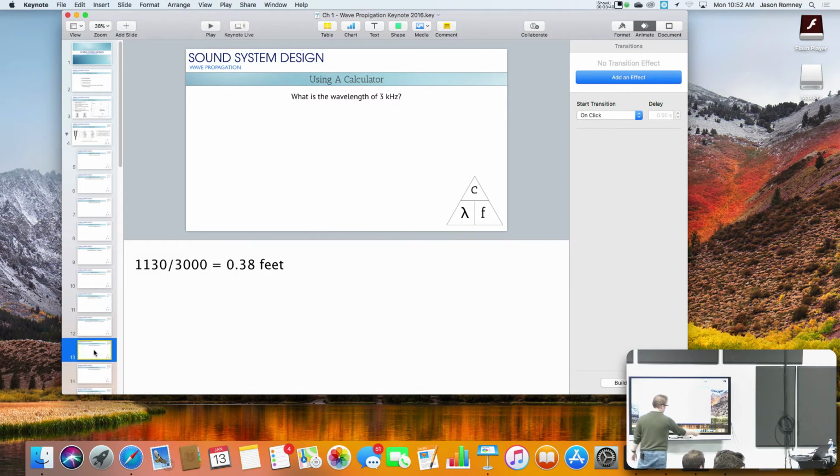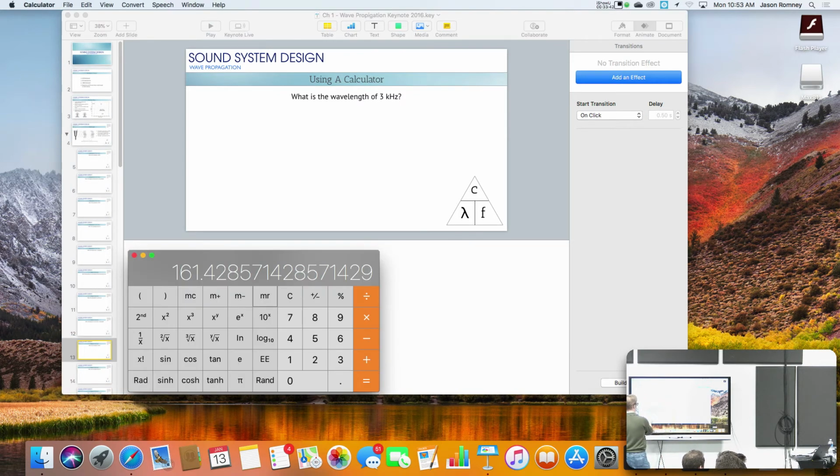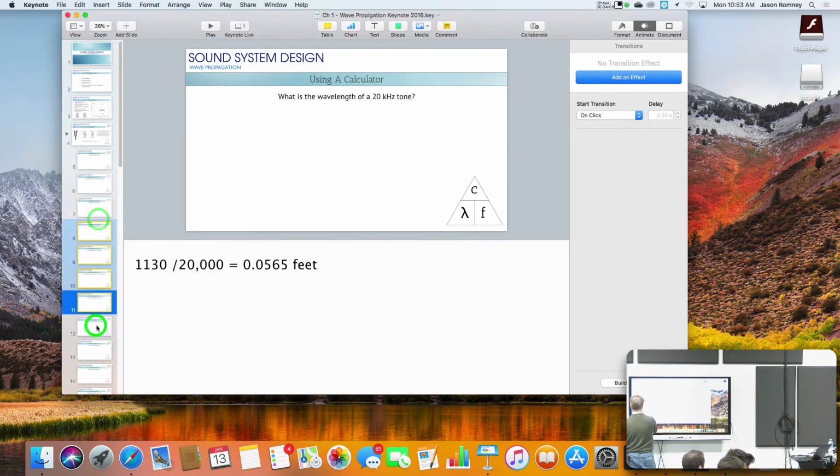How about 3 kilohertz? 1,130 feet per second divided by 3,000. That is 0.38 feet. Okay, so like a third of a foot, 4 inches. Here we go.